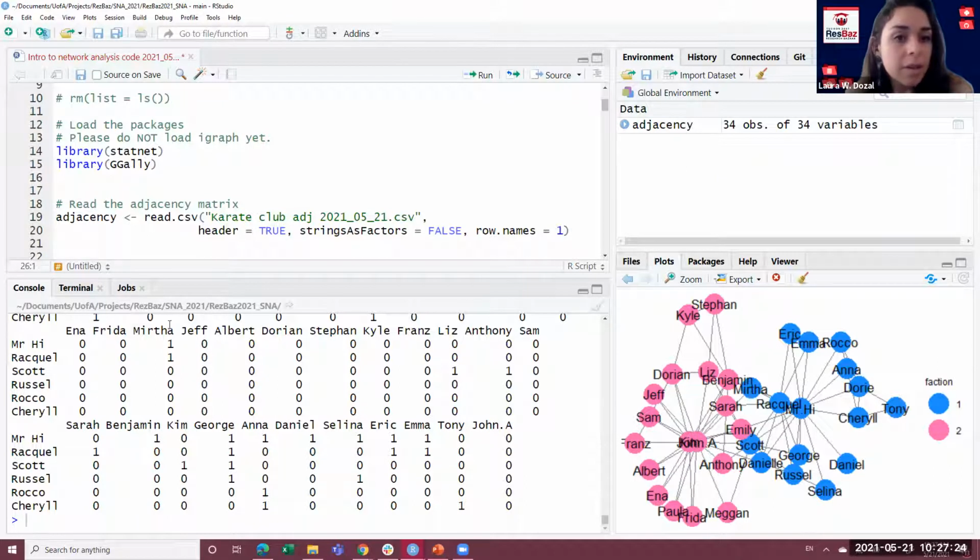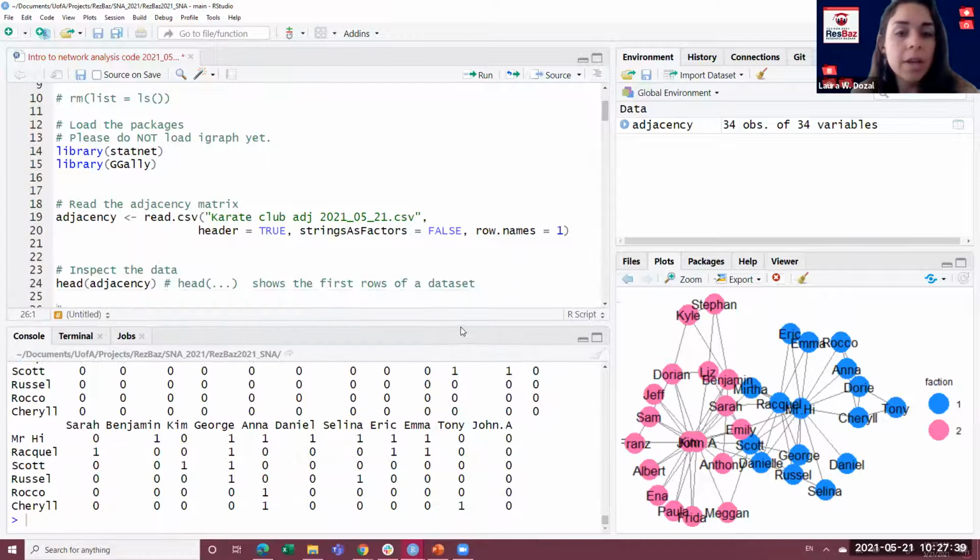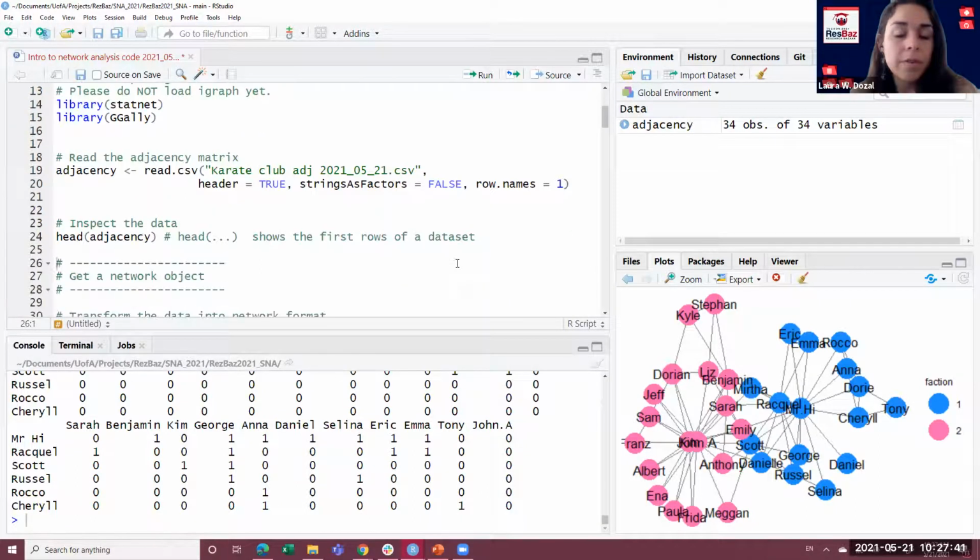Raquel also has a connection with Mirta, and we can see that Scott has a connection with Liz and also one with Anthony.